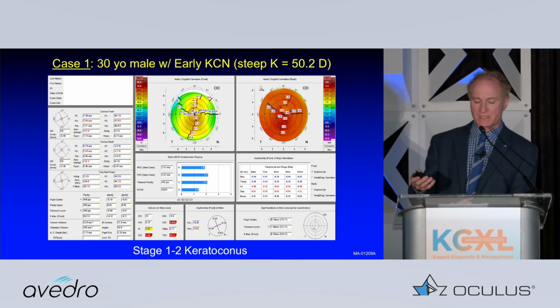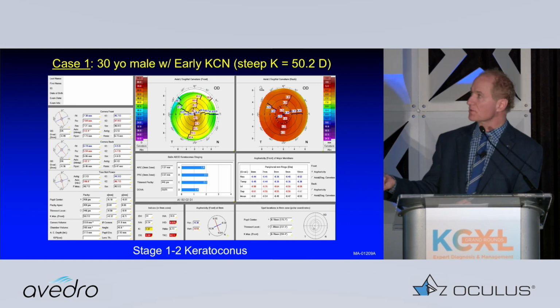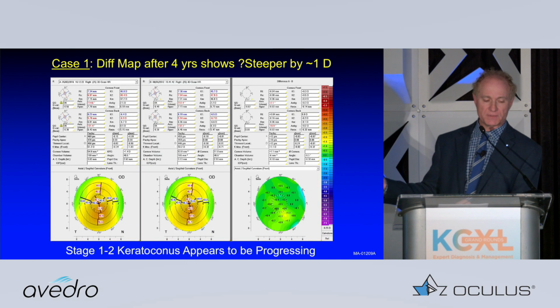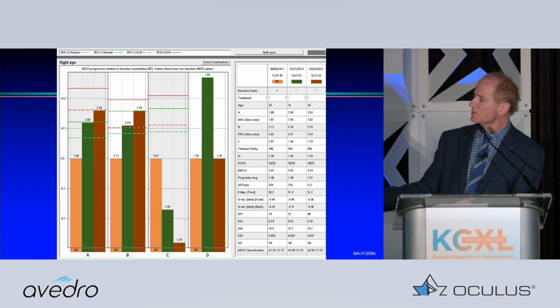And just to give you some examples of patients that I've been working with, here's a 30-year-old, early keratoconus, steepest K is about 50 diopters. Here you can see, over the course of about a year, a little bit of what looks like early progression to suggest that this is something that's advancing. It's about a diopter or so in magnitude.